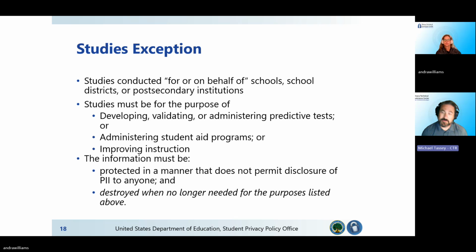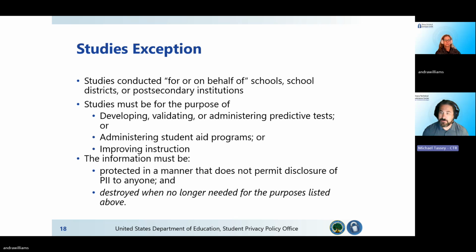They must be conducted for or on behalf of the school district or post-secondary institution. Studies must be for the purposes of developing, validating, or administering predictive tests, administering student aid programs, or improving instruction. So it's kind of a narrow window. They can't be on any subject. It has to be focused in these areas.